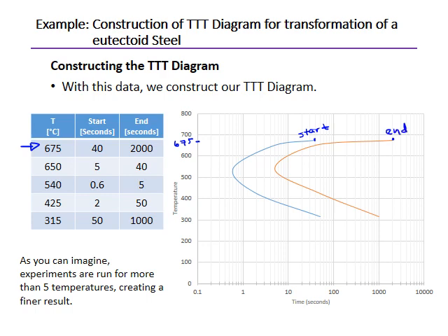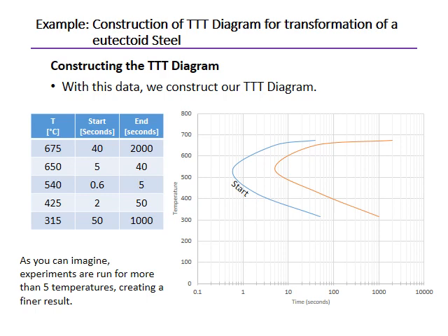What happens in the middle? Well, in the middle, you are with a fraction of the transformation. And you can know how much you have of that transformation by watching the transformation curves.